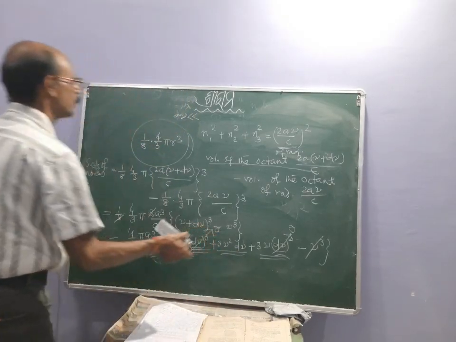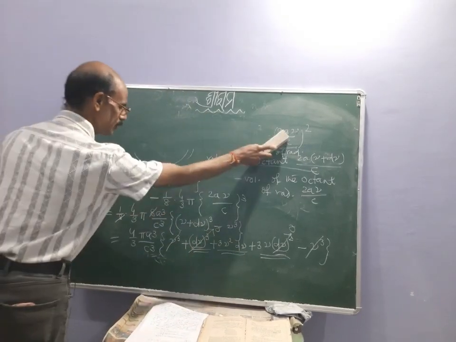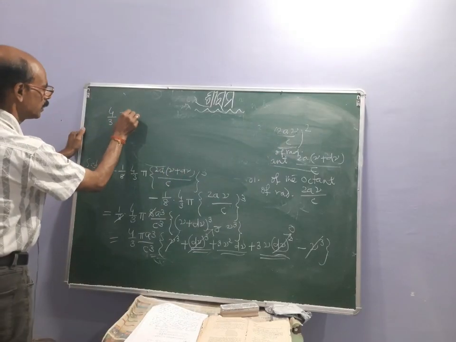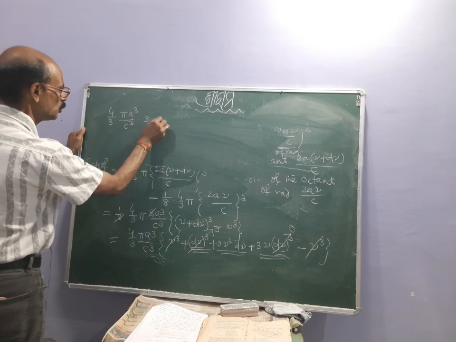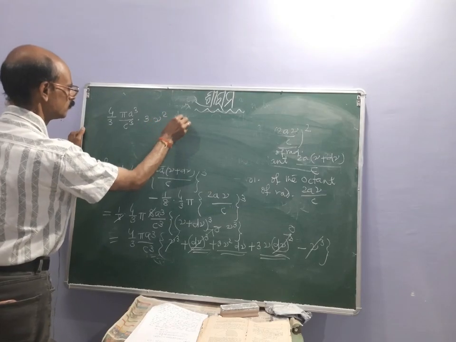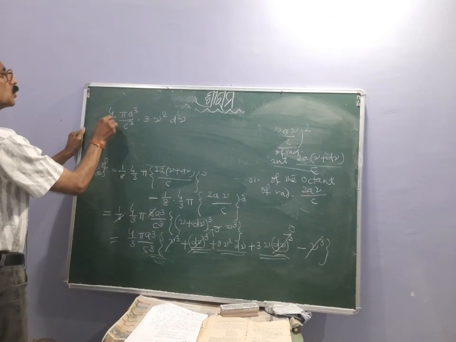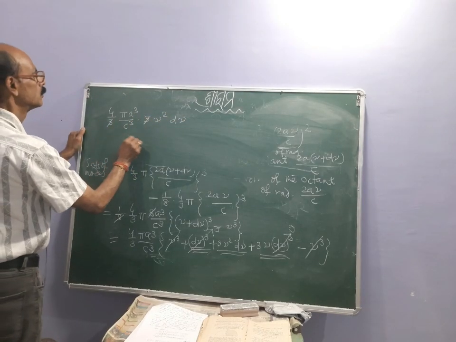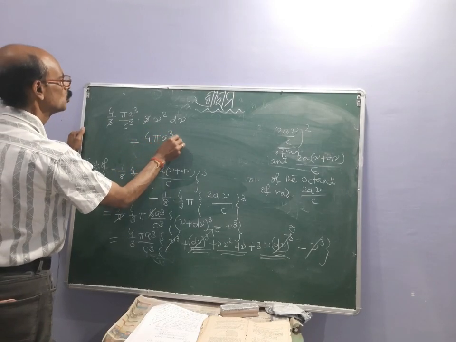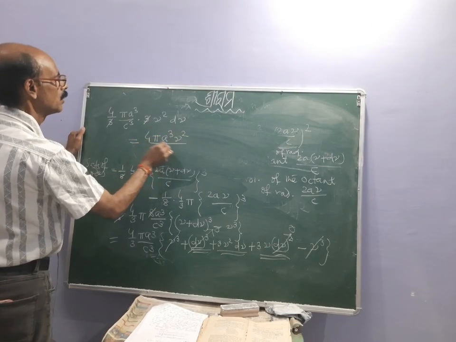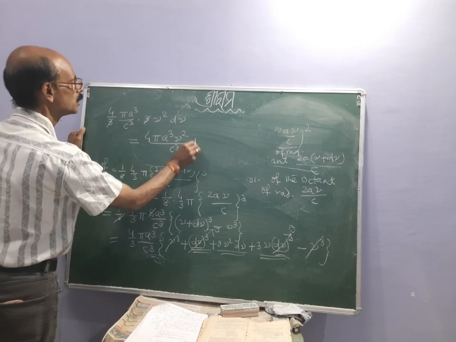So the number of sets of modes of vibration will be 4 pi a cube by c cube into 3 nu square d nu. So this 3 cancels out. I get 4 pi a cube nu square by c cube d nu.